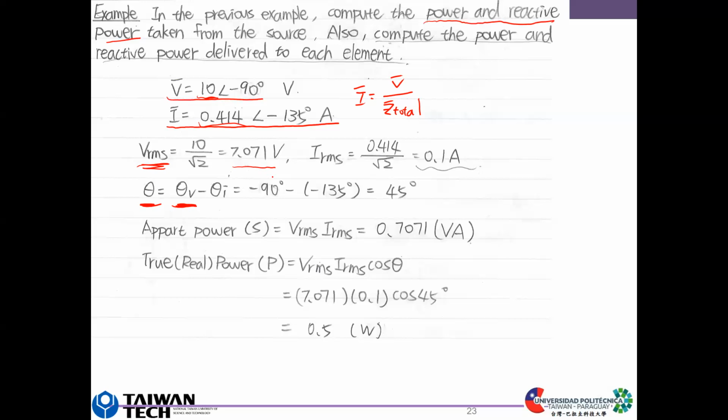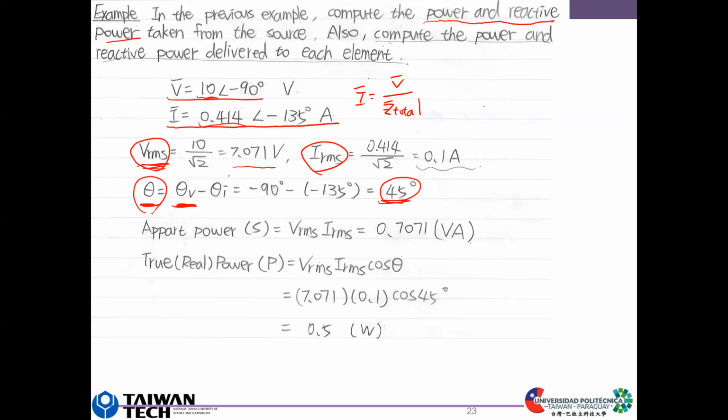So it becomes minus 90 minus minus 135 degrees, which is 45 degrees. So we have our theta. Since we find VRMS, IRMS, and theta, we are able to calculate the apparent power, true power, and reactive power.